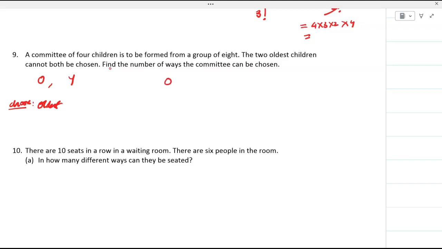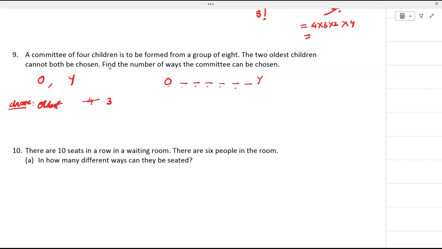You have the oldest, and then 1, 2, 3, 4, 5, 6, 7, 8. So one committee you will take where you choose the oldest. You want a committee of 4. So now how many more do you need?